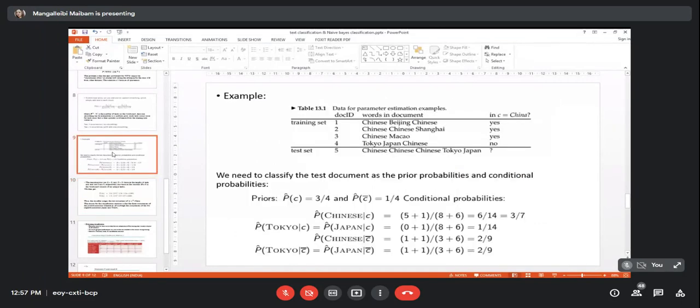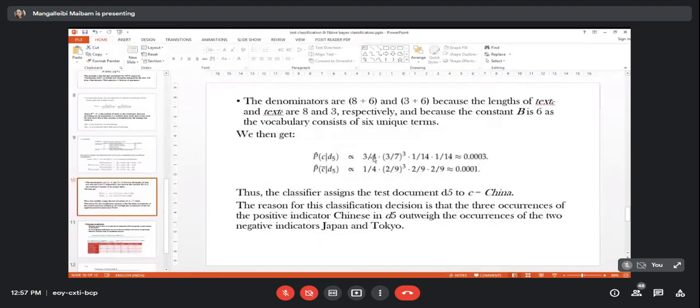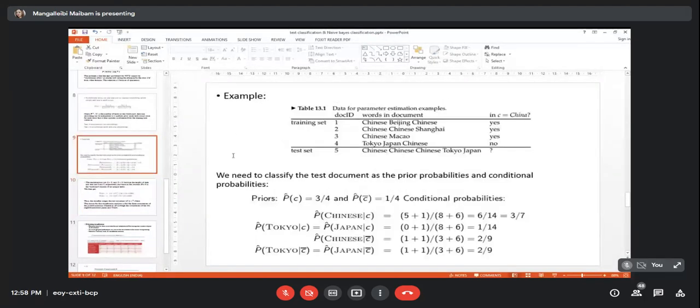3 by 4 we have calculated here. Prior probability for China class is 3 by 4, so I have written that here. After that, in our test set, we have 3 Chinese and Tokyo, Japan. For Chinese, what is the conditional probability? 3 by 7.